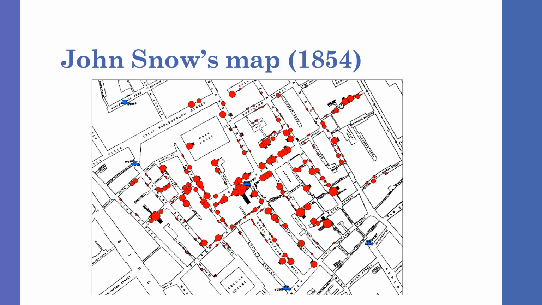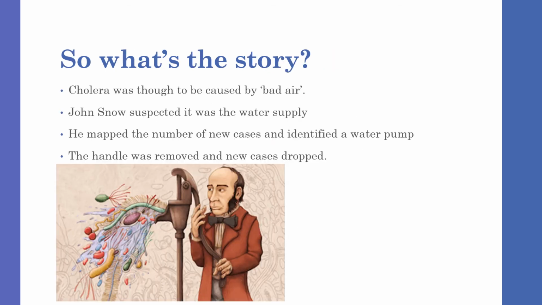The story involves John Snow. John Snow is basically the person who started modern epidemiology. The idea was that cholera spread through the air; it was thought to be caused by bad air. Now, John Snow suspected it could be the water supply, so how could he prove that it's spreading through water?